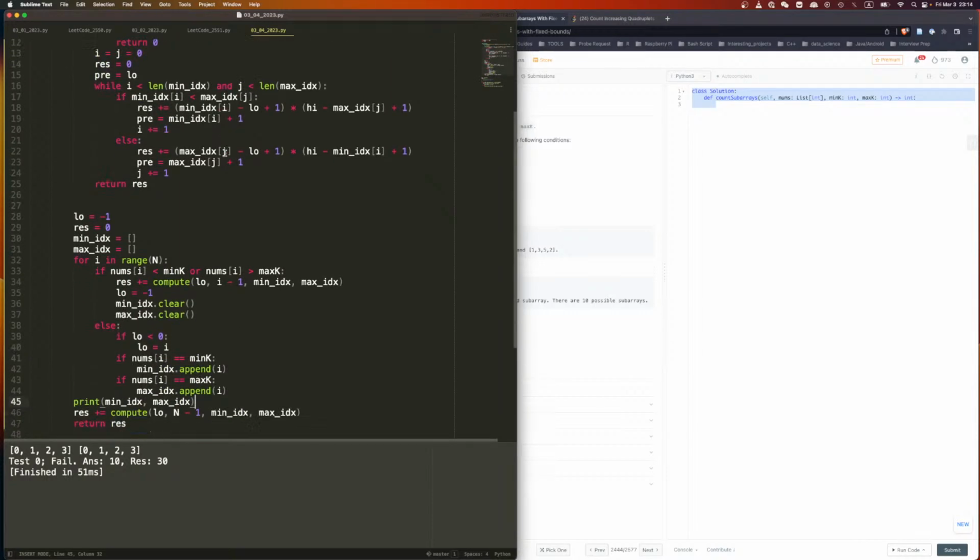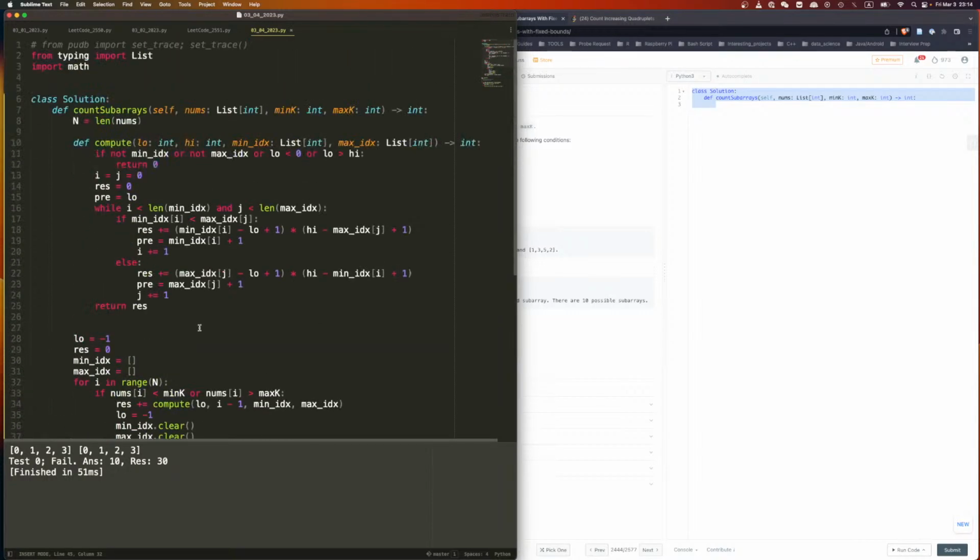Let's see. So we got this part passing in, right? And then here, res plus equals to, this will be 0, minus this will be 1, times, because they're the same.